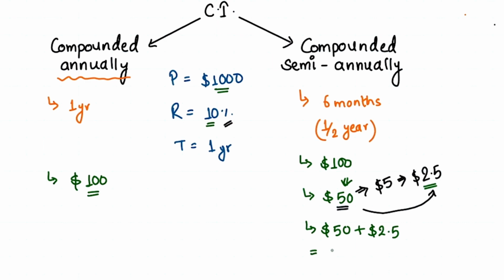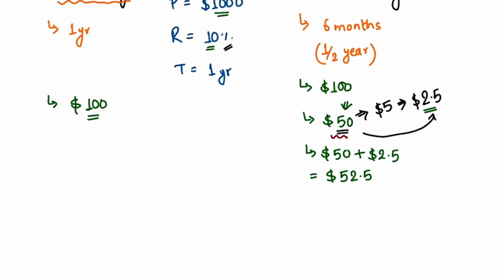So the total interest that you get at the end of the last 6 months is going to be $52.5, okay? So if you add this $50 that you got in the first 6 months and the $52.5 that you got in the last 6 months, the total interest that you got at the end of 1 year is going to be 50 plus 52.5, $102.5.